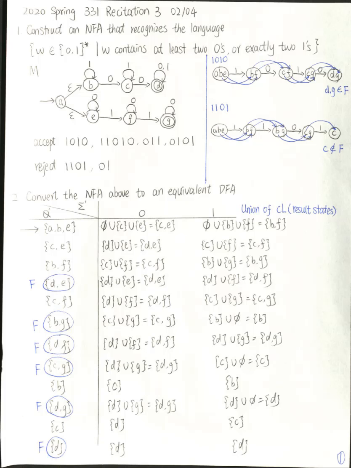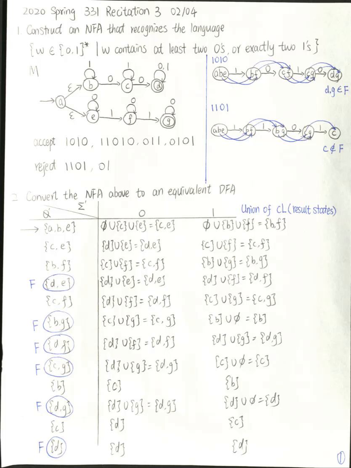Now consider B and F. From B and F, reading a single 0, I can reach C and F. C is reached from B and F is reached from F. So we take the closure of C and F. That will be C and F. You can check the other transitions. This is the procedure.